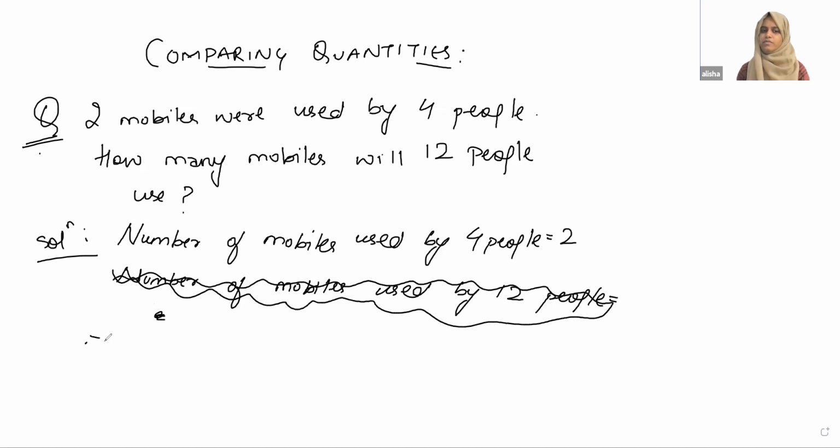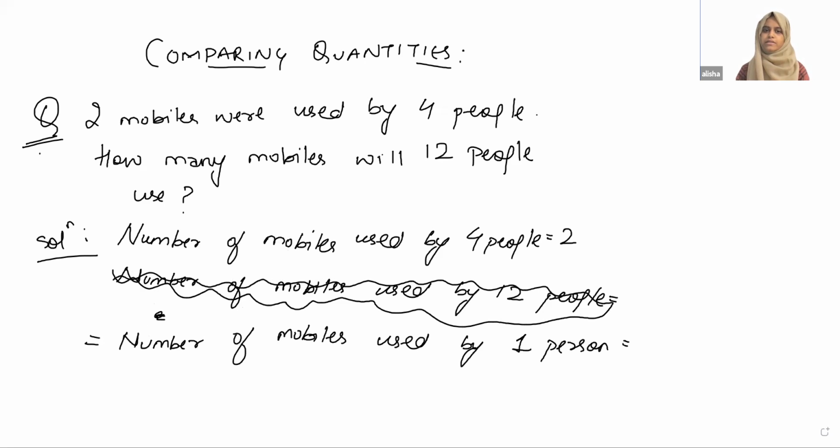What is the next step which we are going to do? We are going to find how many mobiles were used by one person, right or not? Right. So how can I write this? Number of mobiles used by one person. Is it correct or wrong, Aisha?